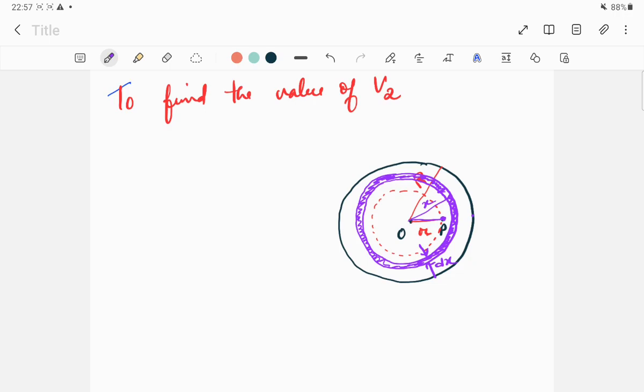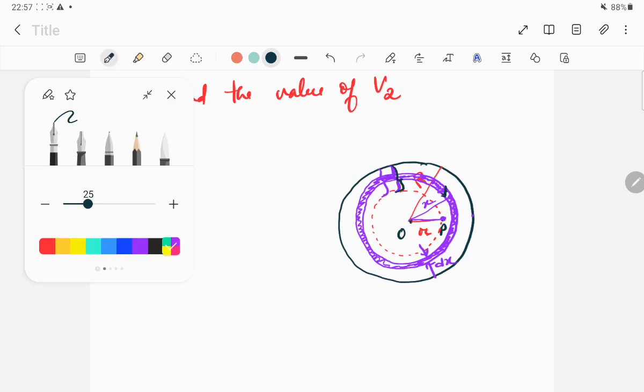Instead of finding the total potential due to this whole portion, first we will find the potential only for this thin shell, and then we will integrate it to find it for the whole shell.